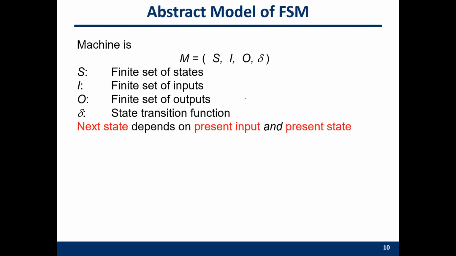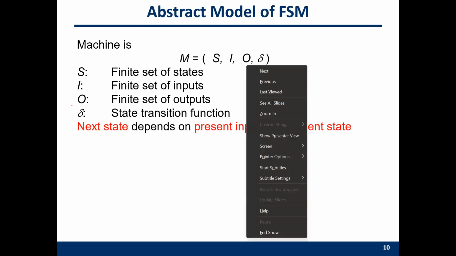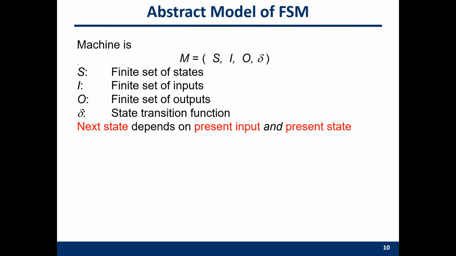The finite state machine can be summarized like this. You have a finite set of states and a finite set of inputs. You have the states, inputs, outputs, and the state transition functions. The next state depends on the present input and the present state.